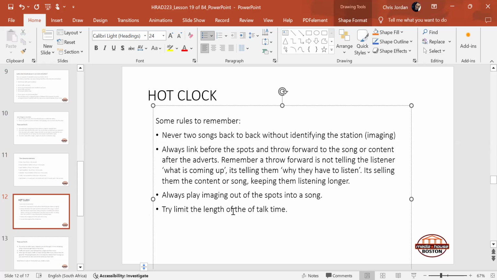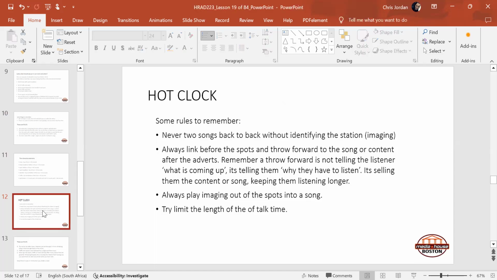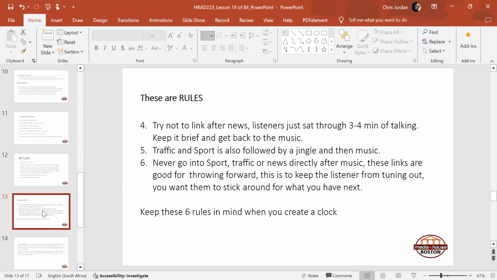Try and limit the length of that talk time. On average, 2.5 to 3 minutes per link, right? But obviously, you're going to say, I hear many stations that do much shorter links and much longer links as well. It depends on what it is that you're doing and how captivating that particular piece of content is, as we have discussed before.